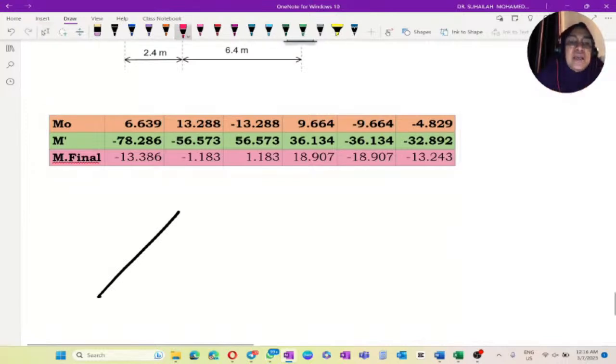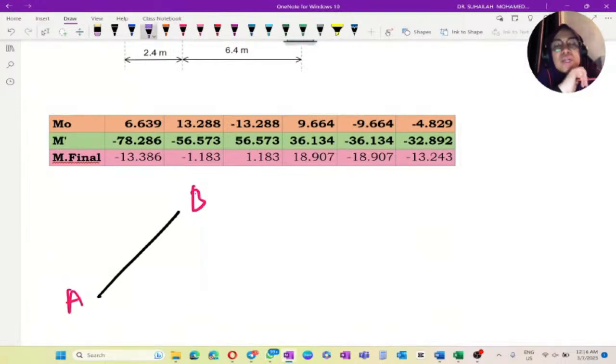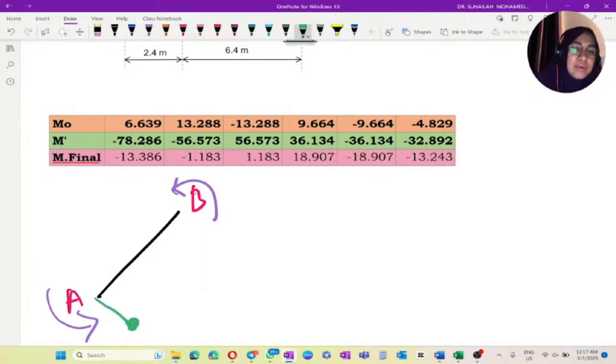If this is A and this is B, we just need to focus on the moment direction, because the moment direction will show us the position of the bending moment. We just need to follow the arrow.